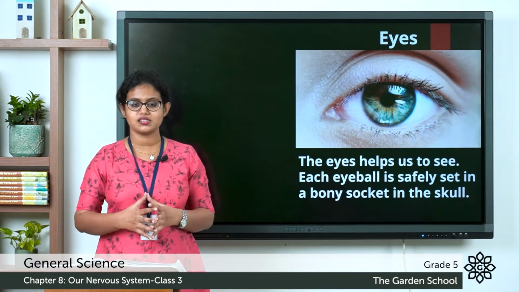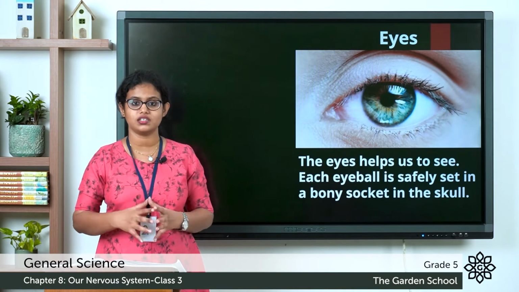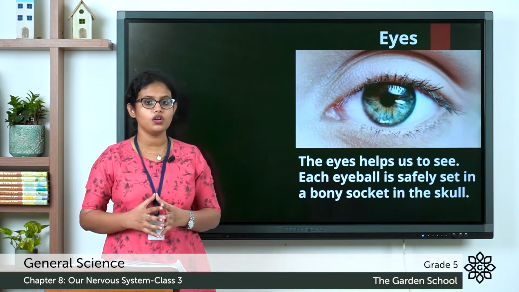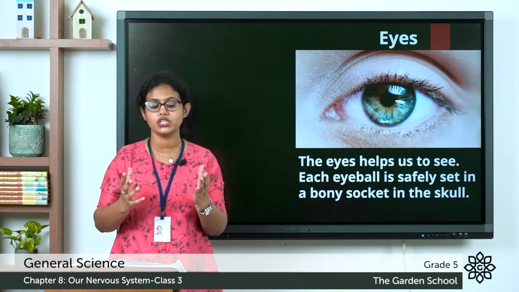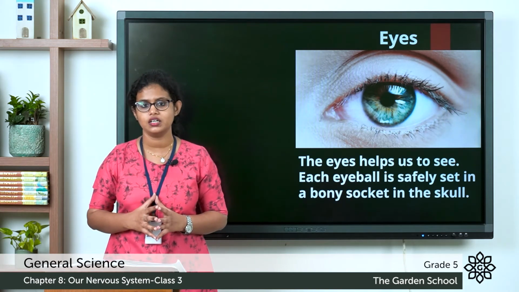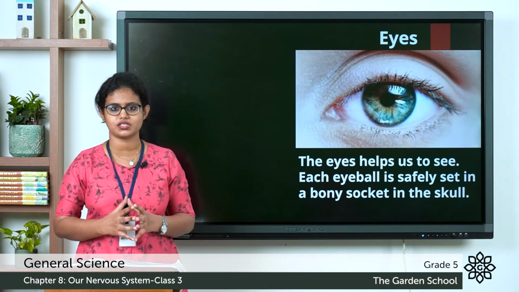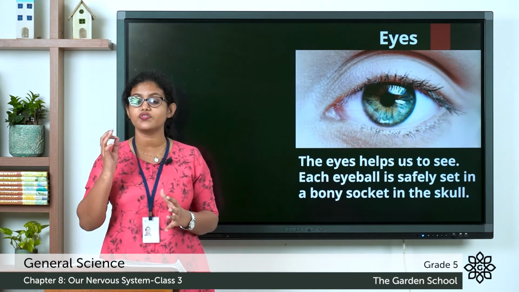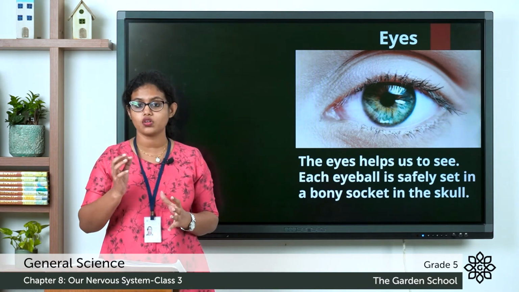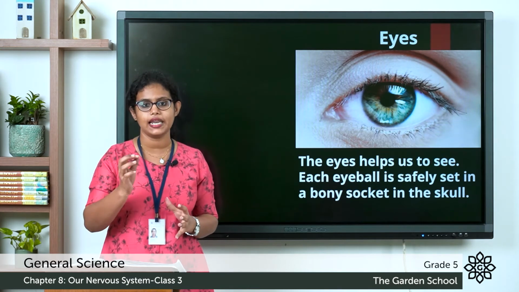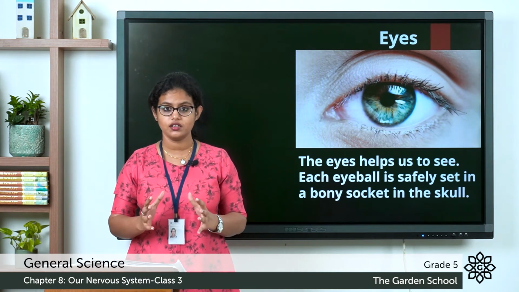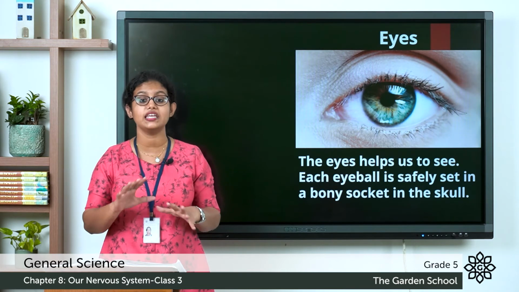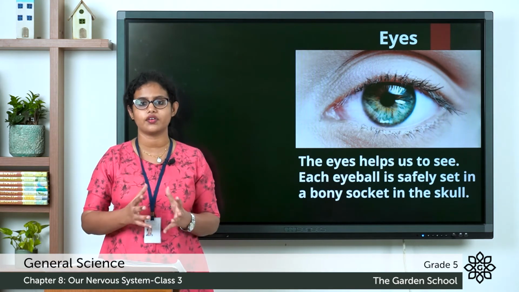Eyes help us to see. Each eyeball is safely set in the bony socket in the skull. And how do we see objects? When we see an object, the light from that object falls into our lens. Then an image is formed in our retina.